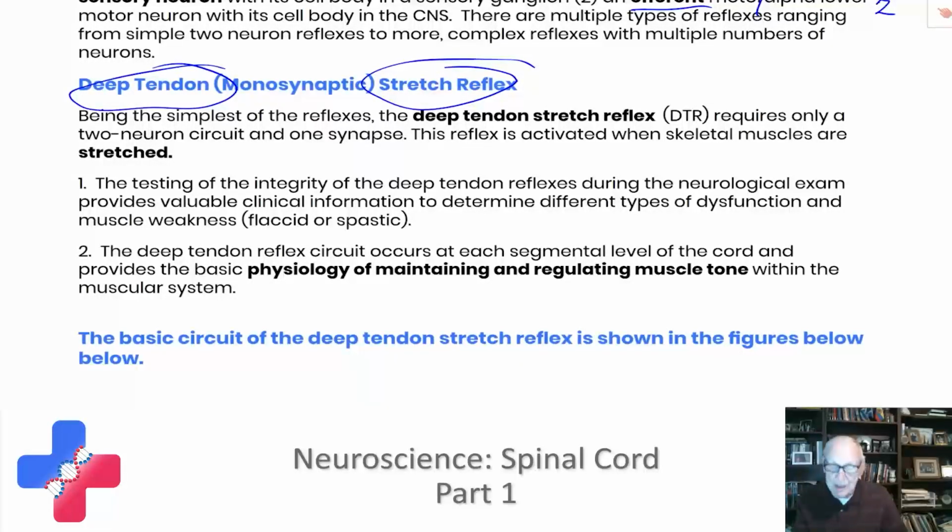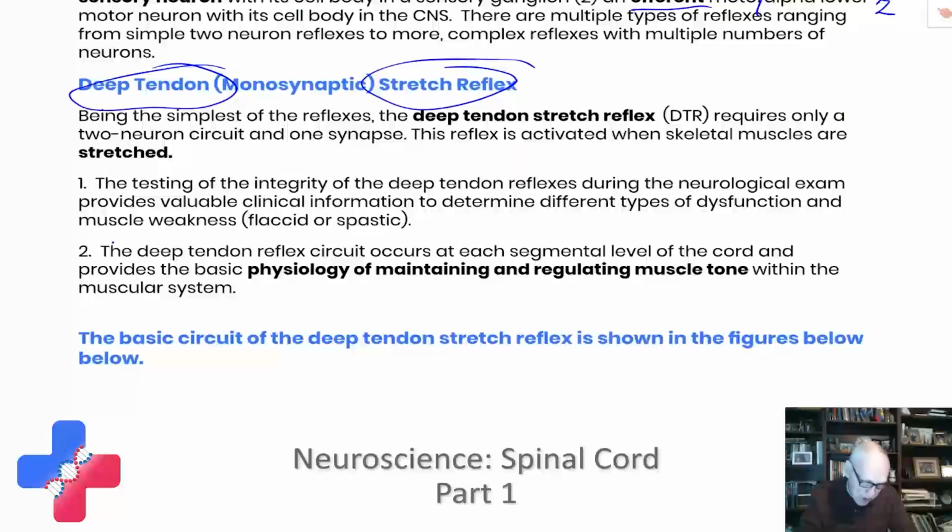So it's going to be a very important clinical tool for you to discern between an upper or a lower lesion. So it's very valuable. Now, this circuitry, of course, is there for you to do that. That's a very important part of the testing of it.